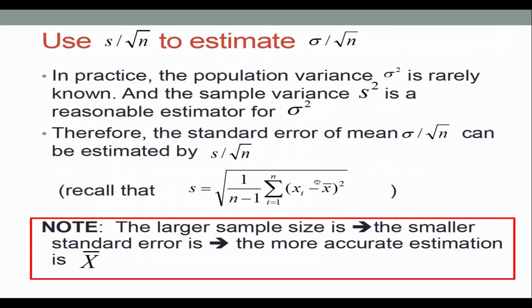So from this derivation for the standard error of the sample mean, you can see the larger the sample size is, the smaller the standard error is, and the more accurate the estimation of the sample mean. Is that okay?